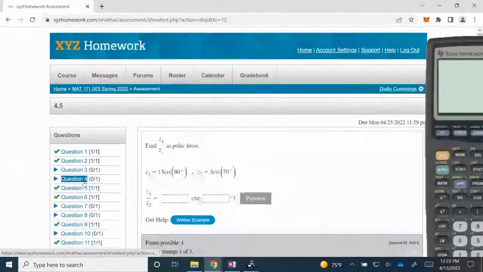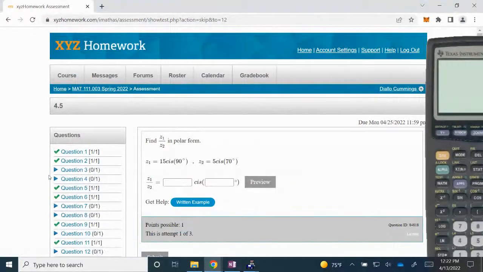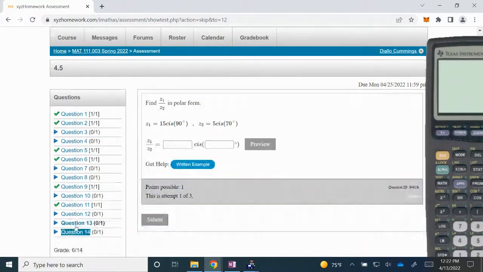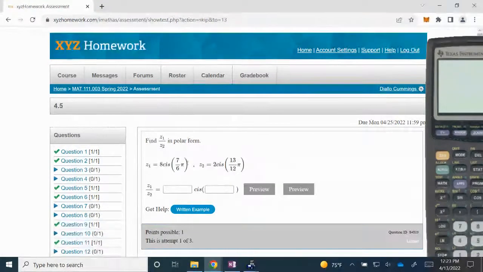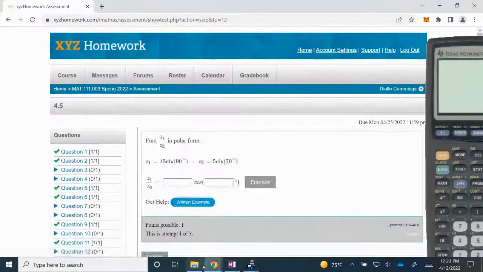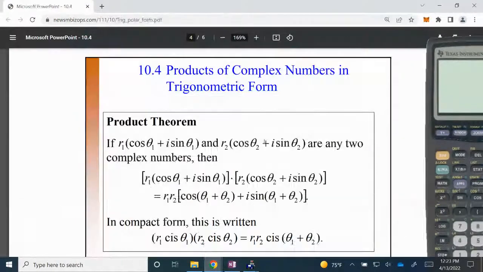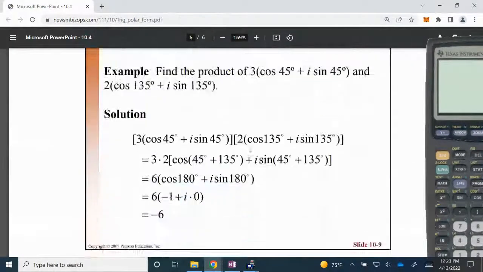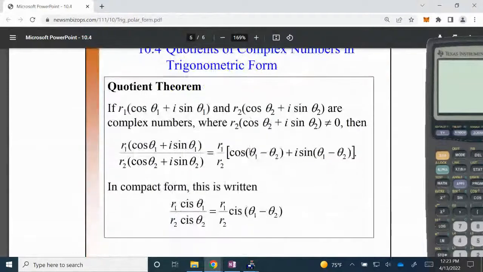Now we're going to take a look at 13. On problem number 13 and problem number 14, we are dividing. So I'm going to go back to our notes. There is a quotient rule for numbers in trig or polar form.